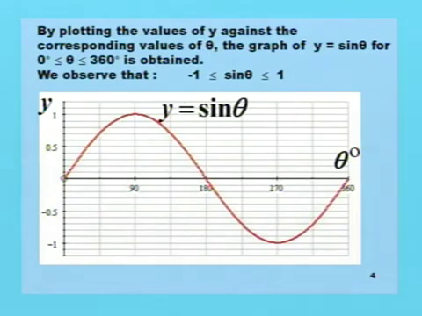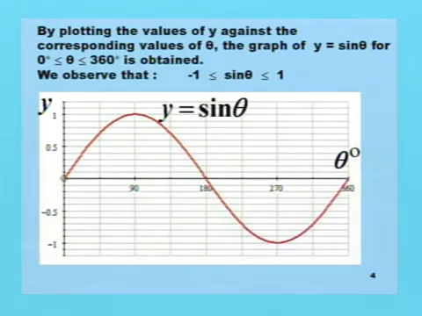The sine graph, the red curve, is the graph of y is equal to sine theta. And on the theta line, usually we call it the x-axis, we have the values of theta. You can recognize 90 degrees, 180 degrees, 270 degrees, and 360 degrees.